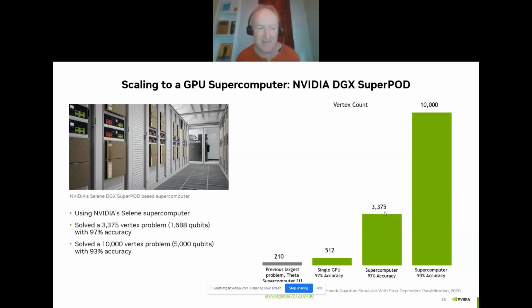This had never been solved at this scale before. So this is using this quantum circuit to solve this problem on a simulator and being able to handle it up to 10,000 vertices. And it wasn't even done yet. This was on a 20 node system, and there's room to grow this even more. But even at this scale, that has never been demonstrated at this level before. So that's a pretty exciting result.